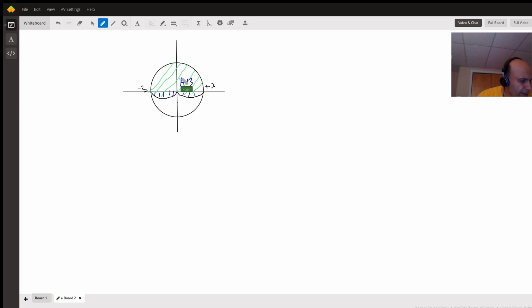So if you want to find the area, now I'm going to put the equations. The area of that shaded part is equal to 1/2 integral from alpha to beta, I'll tell you what those are in a second, of R1 squared minus R2 squared d theta.